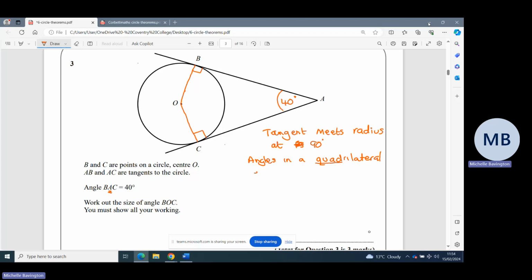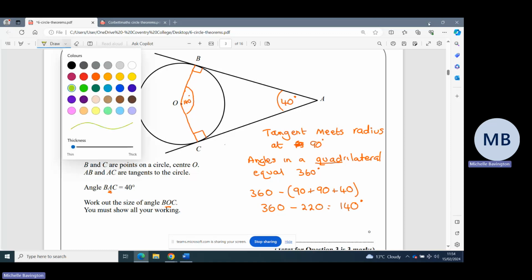Angles in a quadrilateral equal 360. So I've got 360 minus 90 plus 90 plus the 40. So I've got 360 minus 220, so that equals 140 degrees. That must be there, 140 degrees. So BOC, BO, number, I found it.